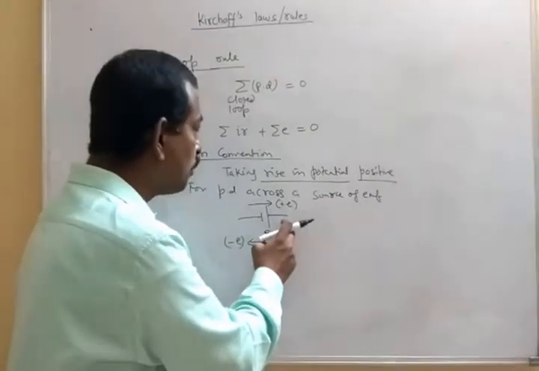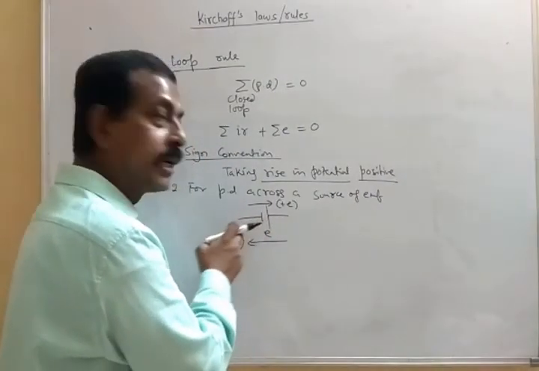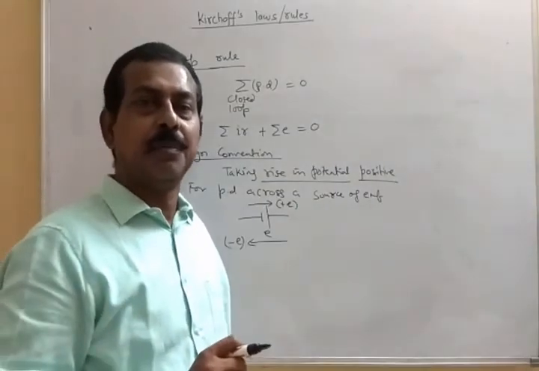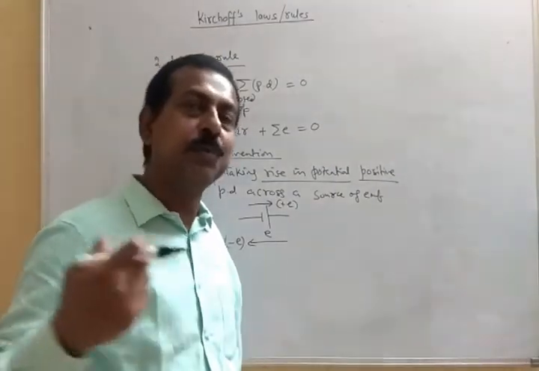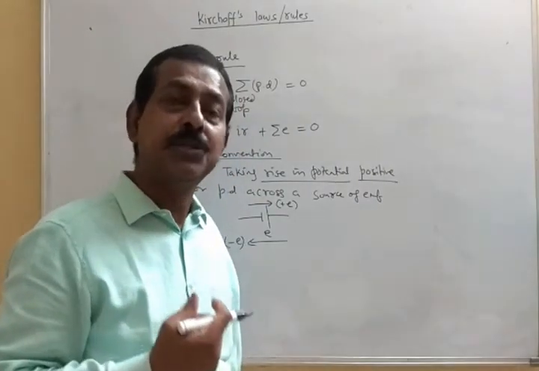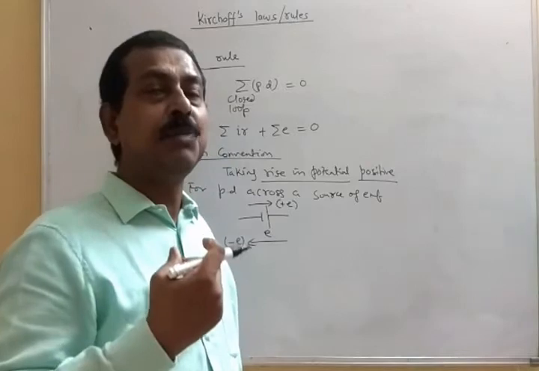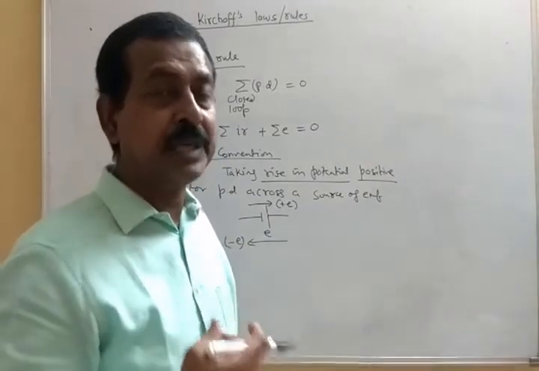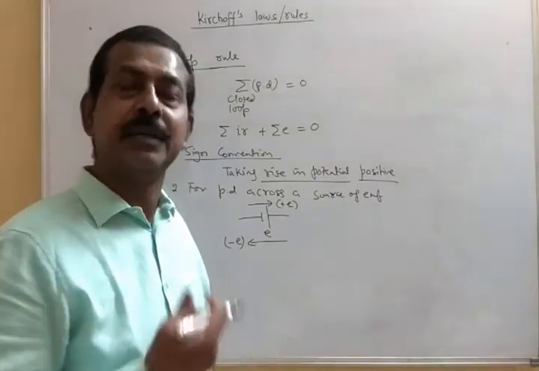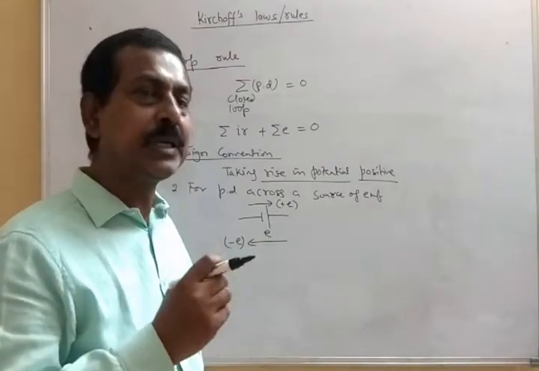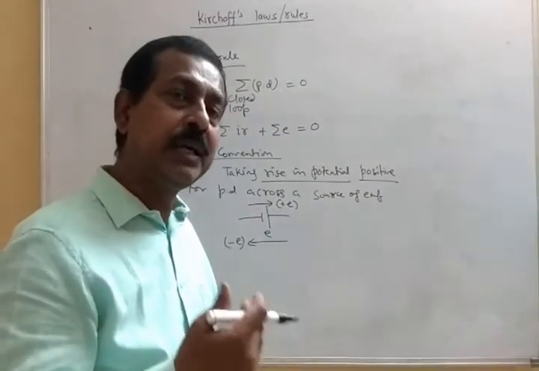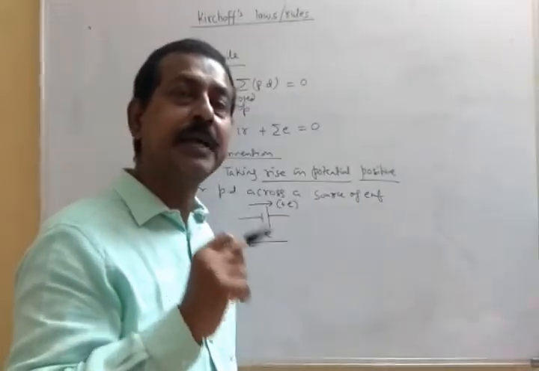When we are moving from positive to negative, we are coming out from the negative terminal, so it is minus E. But of course, the statement is that when we are moving from the negative to the positive terminal of a battery or cell, then the EMF or potential difference will be taken as positive. When we move from positive to negative, it will be taken negative. But just to remember it, whatever terminal we are coming out of, ultimately, it will be the sign of that terminal.